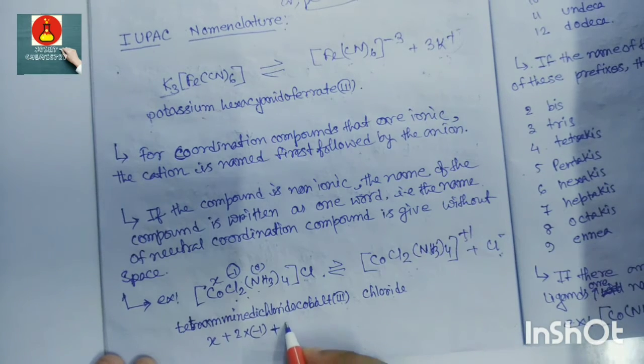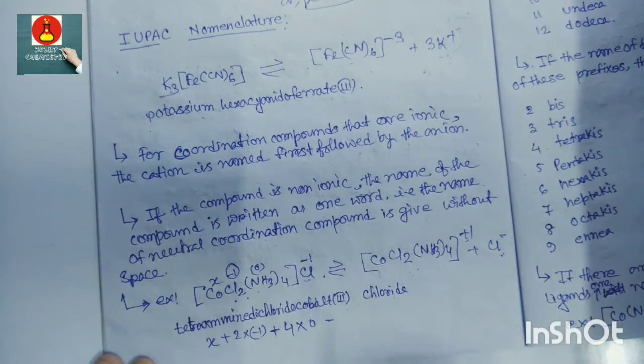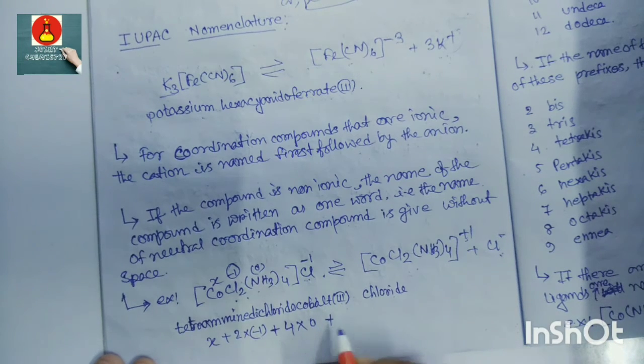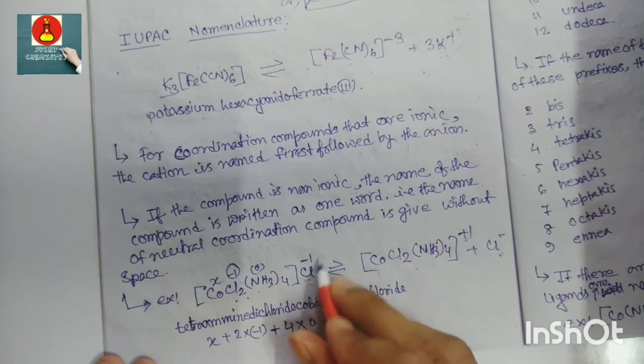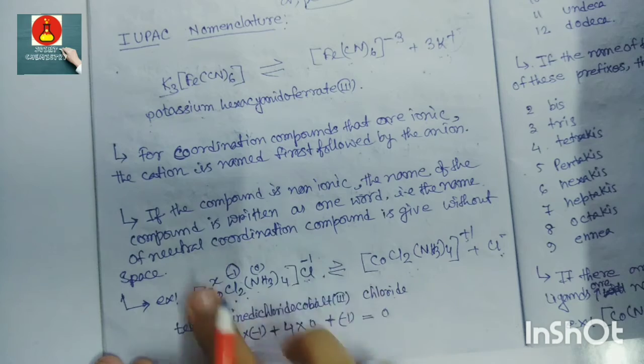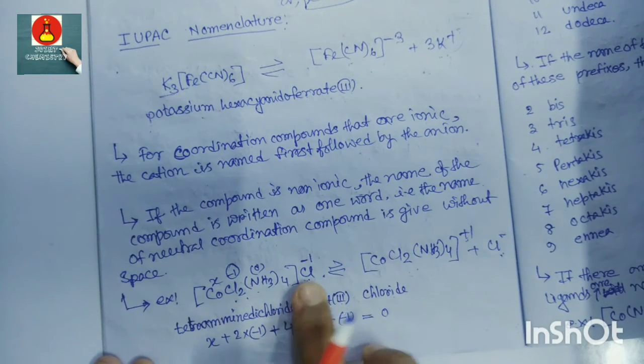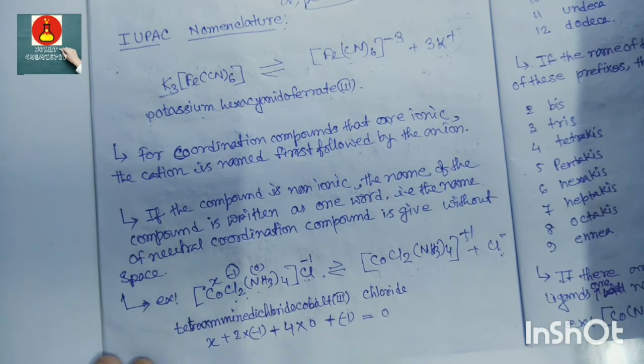So there are 4 ammonia into 0, again there is 1 chlorine which contributes -1, so there will be plus of -1, right. We can write it plus of -1 plus of -1 is equal to 0, because overall it is a neutral complex, right, means there is no charge on this complex, right. This is a complex containing this chlorine ligand, there is no charge, so that's why we can write this.